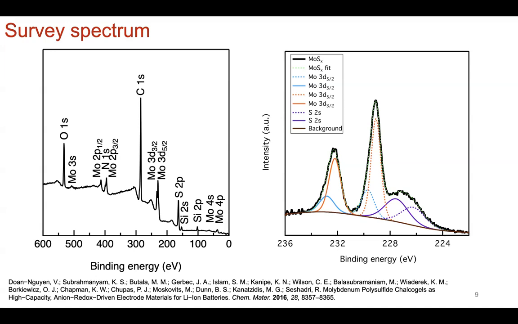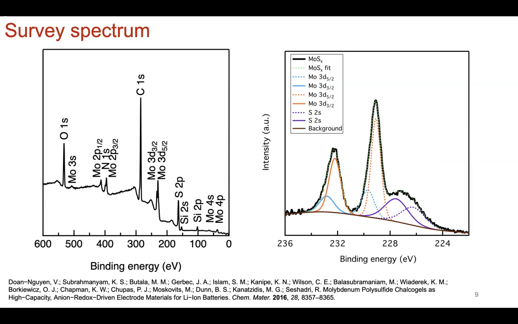While this fitting is fine, as in publishable, there are some considerations that you should keep in mind. You can always deconvolute and reason and cross-correlate with other characterization techniques to try to understand the amount of sulfur to molybdenum species.